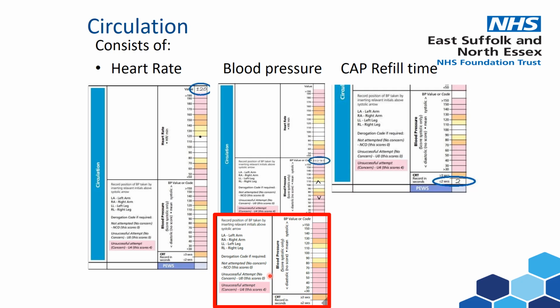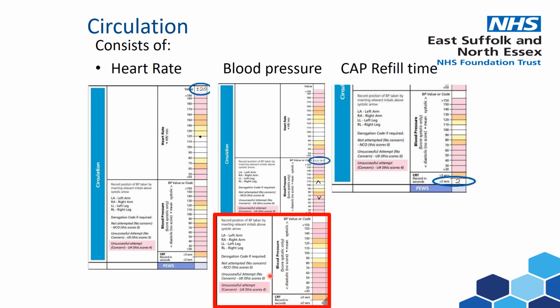It keeps crying when the cuff gets inflated, and so you stop doing the blood pressure, and you are not concerned about them hemodynamically. You don't think they're deteriorating, you don't think there's a problem with their blood pressure, so you can then put down your code of U0. Again, because you're not concerned, this scores a 0 towards their total PEWS.